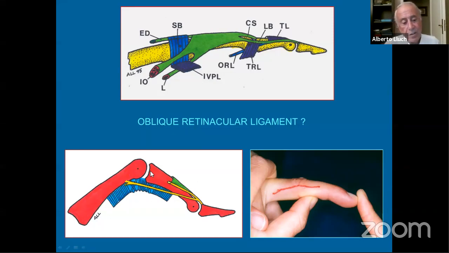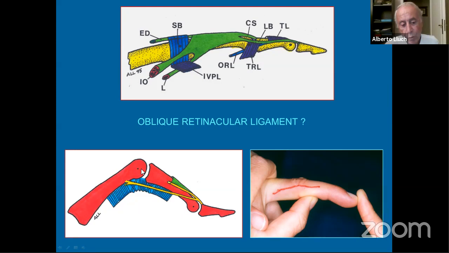I don't know if there is much of a role of the oblique retinacular ligament unless you try to reconstruct it to correct a swan neck deformity, like the technique that James Thompson, a doctor that trained with Littler at Roosevelt Hospital, designed.